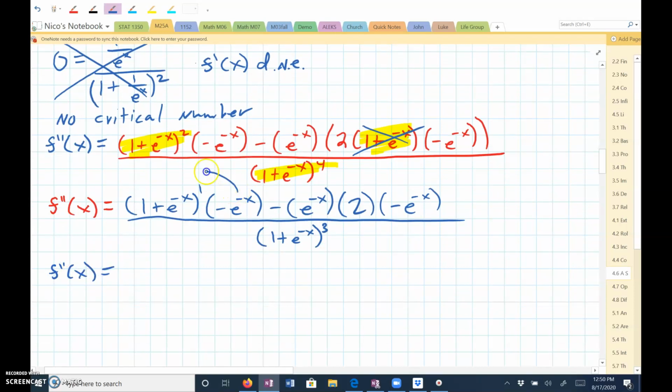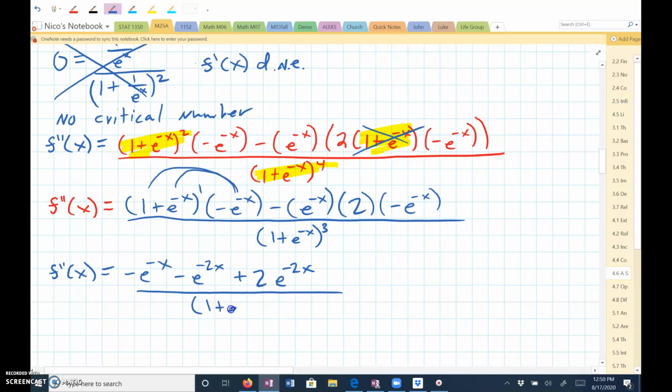Now we can distribute here. This would become negative e to the negative x minus e to the negative 2x. Multiply these three together, it's going to be positive 2 e to the negative 2x all over 1 plus e to the negative x cubed.